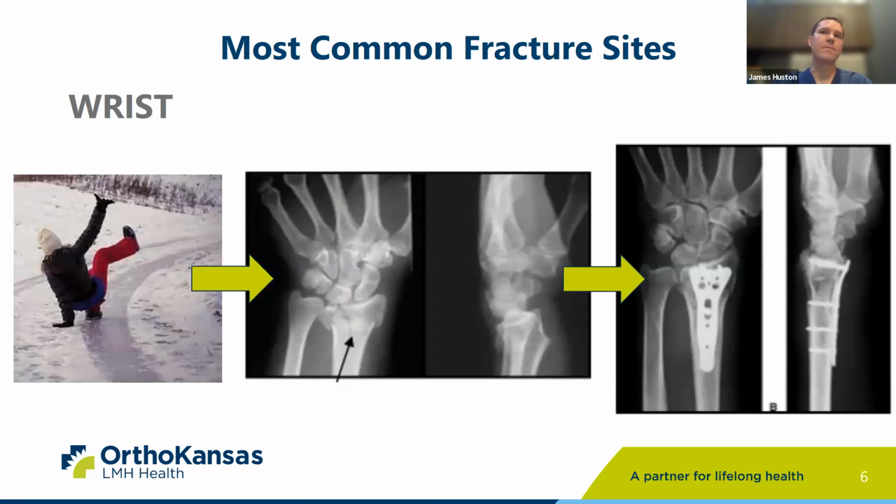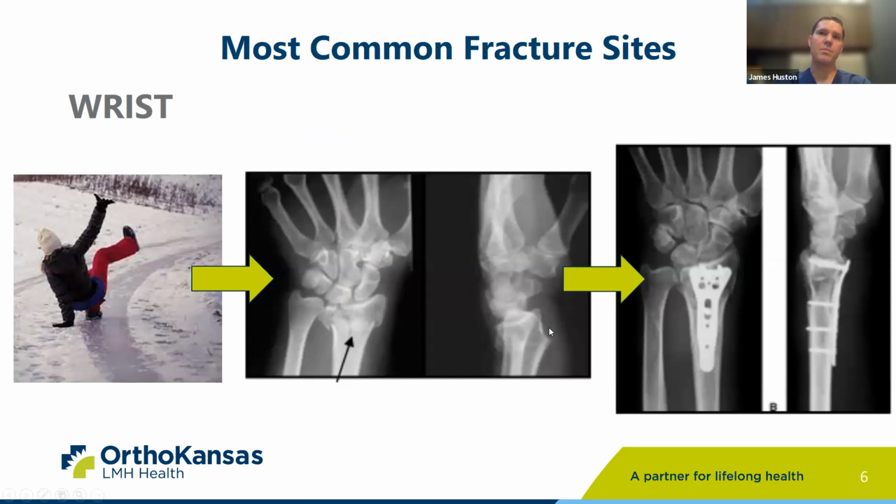These are some x-rays showing what that might look like. A person falls on an outstretched hand, and all of the weight and impact goes through that wrist, typically with the wrist extended, bending back.